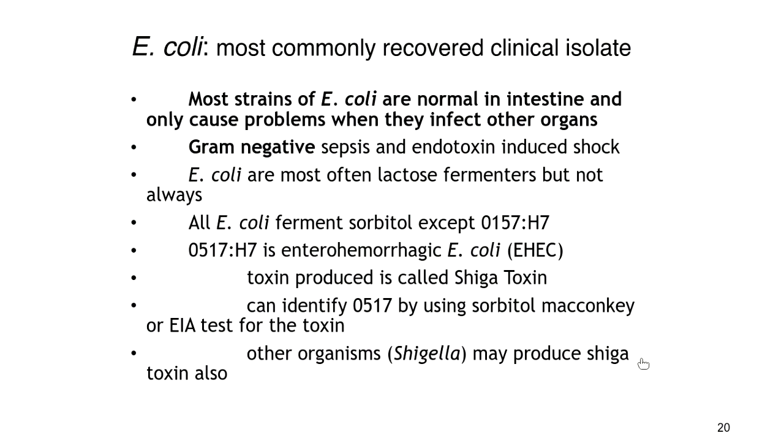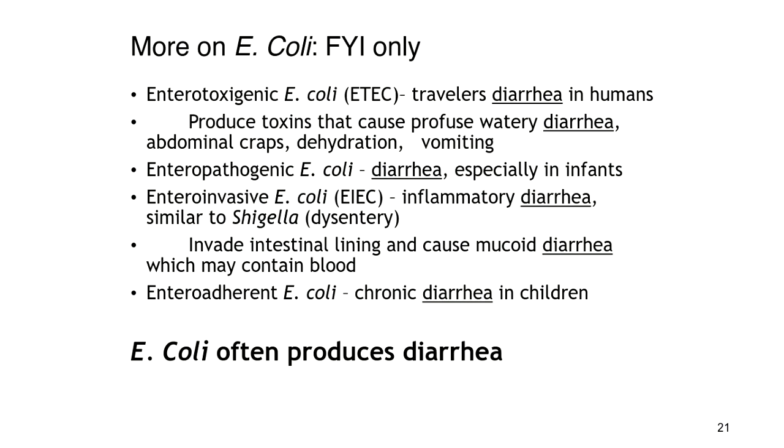Other organisms like Shigella may also produce toxins. And here are more things about E. coli. This is, again, for your information. We call it traveler's diarrhea because in some places, especially third world countries, their hygiene may not be as good, and people kind of get used to the organisms on their food.